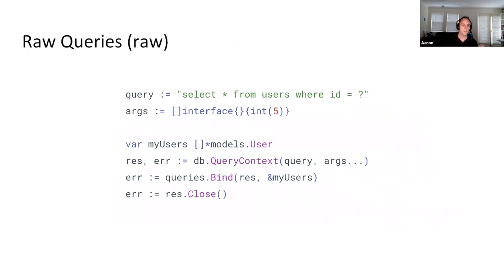And at the very end, queries.bind. We take that data, we shove it into my users, and we actually have to remember to close the result set, even though it'll probably be implicitly closed. It's our responsibility to ensure that that memory is freed. So that's the raw queries. This is how SQLBoiler can get out of your way when you don't need it, which I think is very useful.